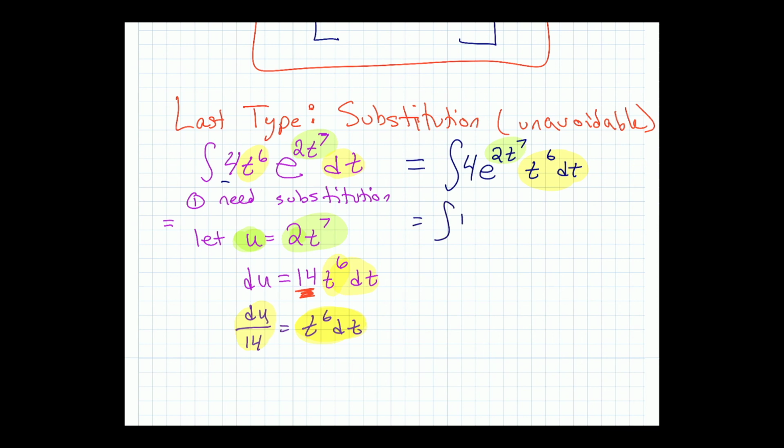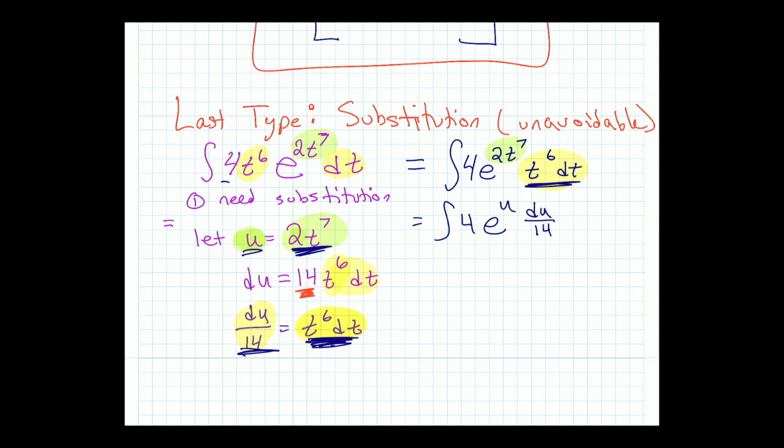All right, now let's do this. So the 4 is just a 4, write it. Then we have e to the 2t to the 7th. But 2t to the 7th, we know is u. All right. Then we've got t to the 6th dt. But we know that t to the 6th dt is du over 14. So you have that.